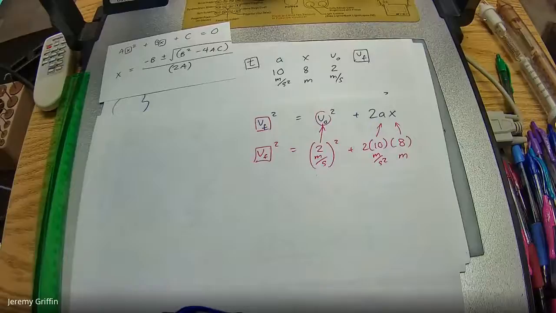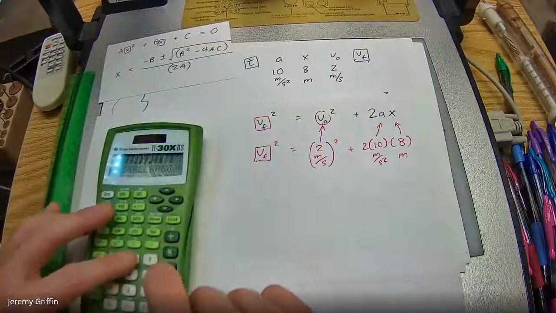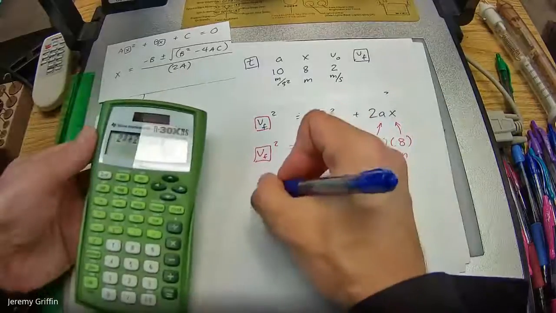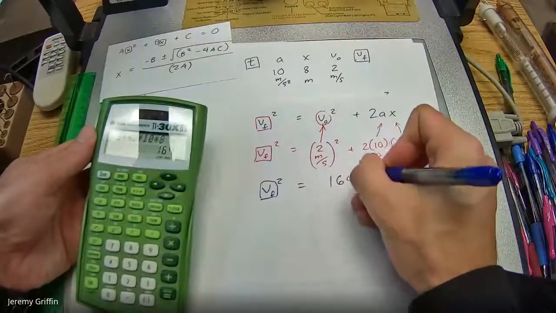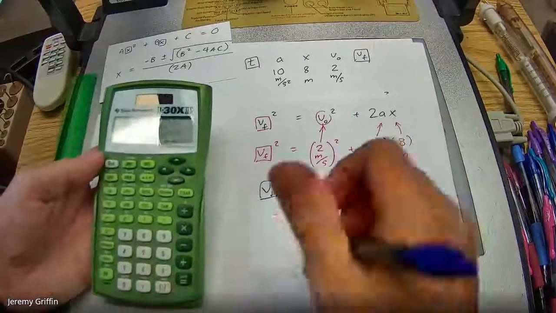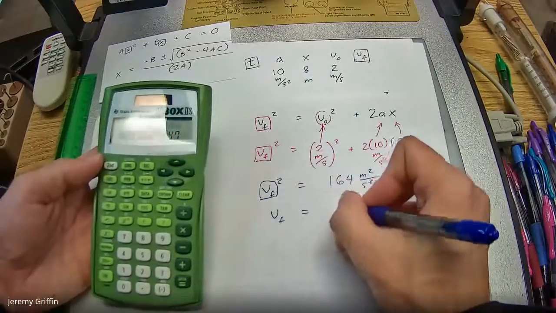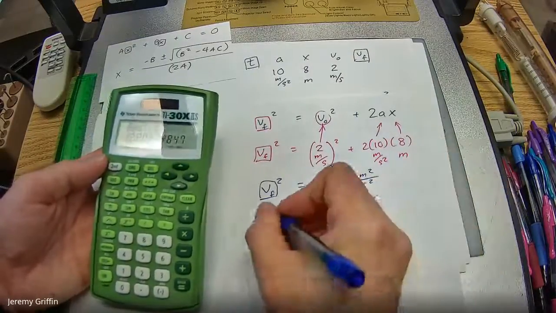Just pop that in the calculator. 2 squared plus 2 by 10 by 8, 164. Now VF squared is 164 meters squared per second squared. Keep track of the units, square root both sides. I'm getting the crash speed is 12.8 meters per second.